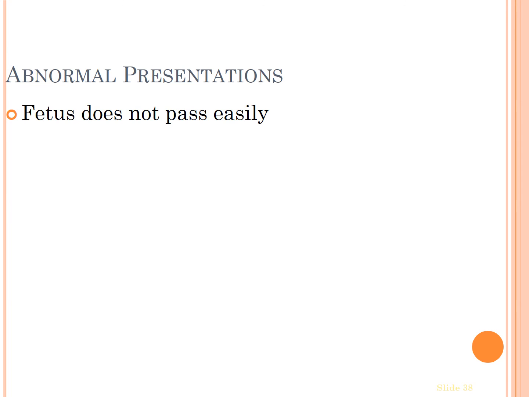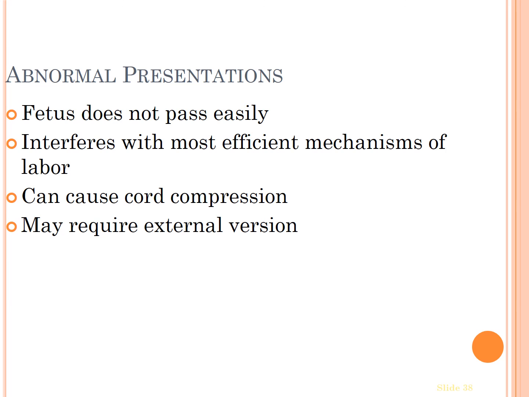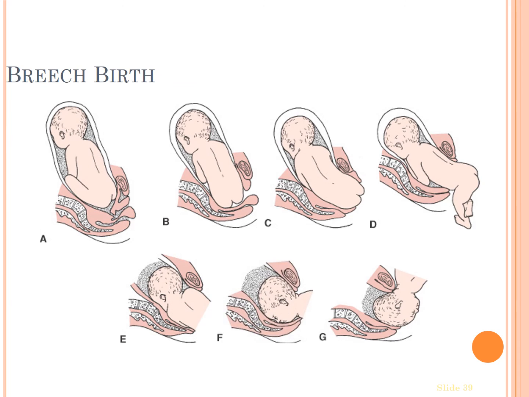So just as mentioned with shoulder dystocia, with any abnormal position or presentation, of course, complications can occur. The fetus may not pass as easily through the pelvis. It can interfere with labor, cause cord compression. It may require an external version prior to labor. And we know that versions are not always successful.